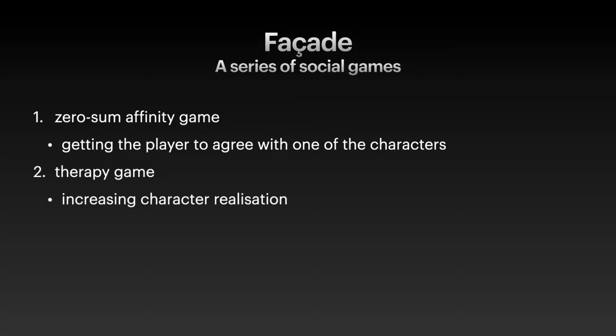In the second section, the characterization is increased through a therapy game, and the interactor learns more about the couple's marital history and the problems that Trip and Grace have been having from the viewpoint of the character that the interactor agreed with in the first section. Finally, the third section leads to a dramatic conclusion. The play can also be incomplete and end, for instance, with the interactor being thrown out by Trip.